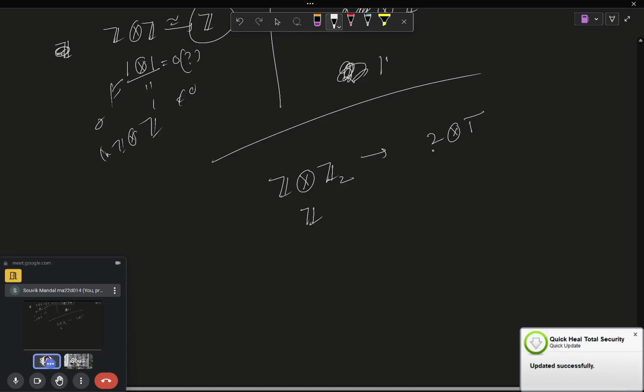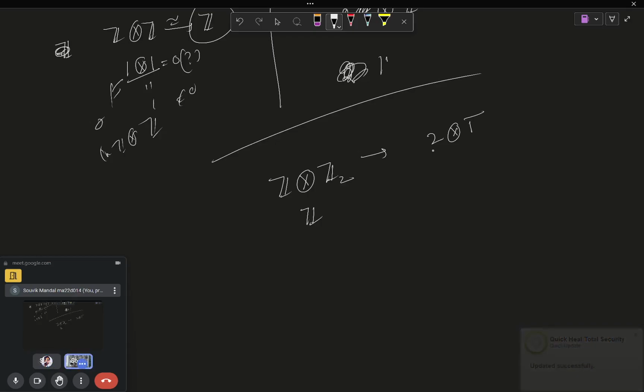I mean, in that ring there is the element 2 tensor 1 bar. Can you tell whether it is 0 or not 0? Don't always think of isomorphism. We have some properties also. Usually, a tensor distributes over a sum, a product can be. Yeah, tell. One bar is equal to one.